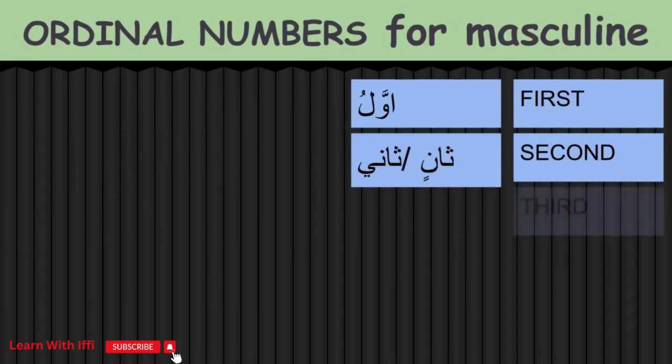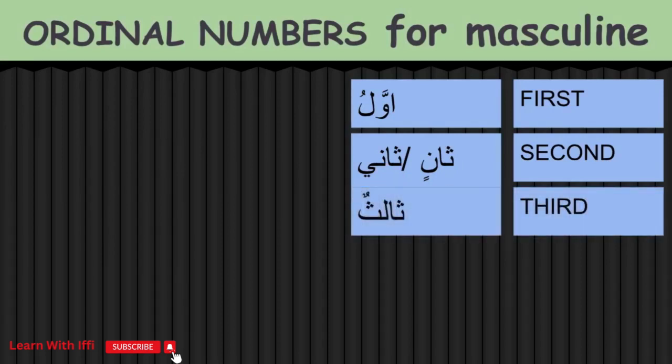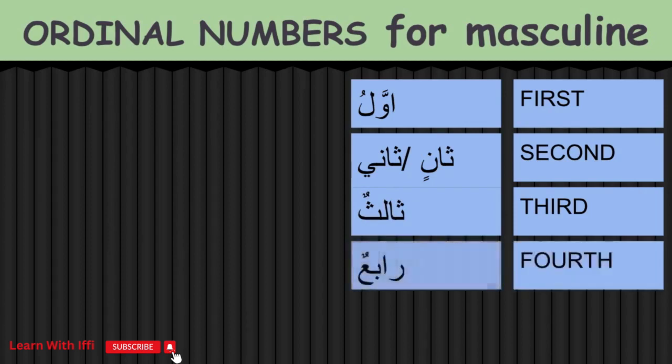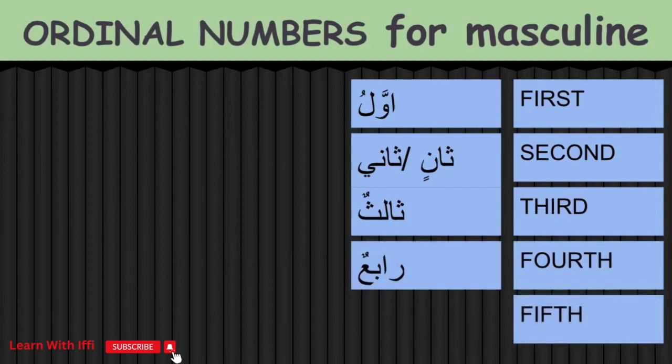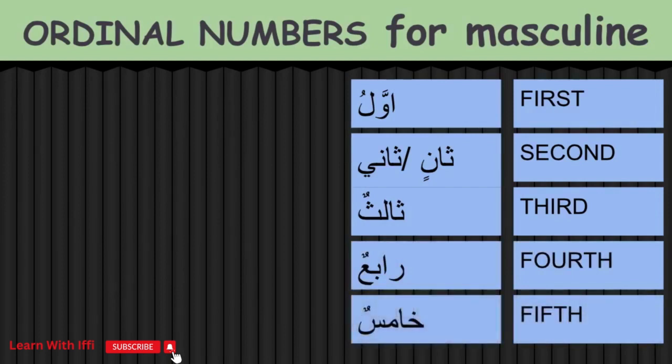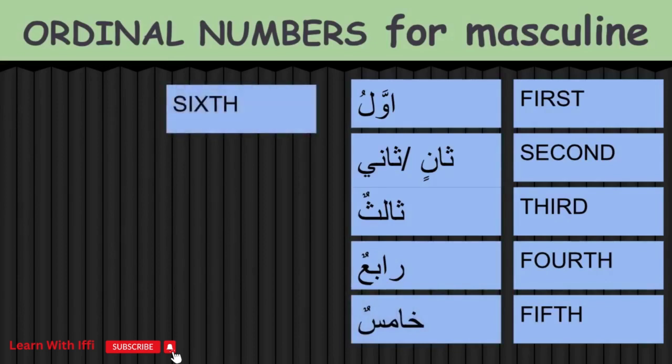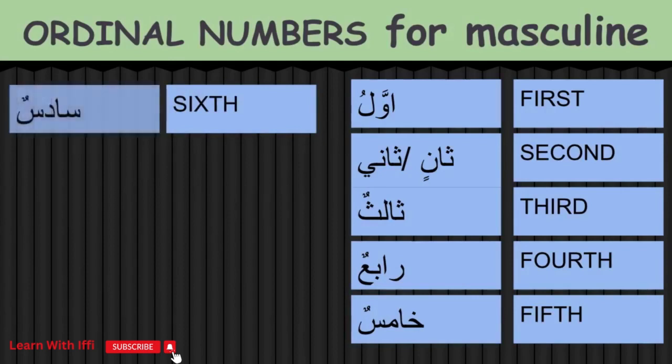Fa'ilun. Third is thalithun. Thalatha will be thalithun. Arba'a will be rabi'un. Fourth, rabi'un. Fifth, khamsa will be khamisun. Khamisun is fifth. And sixth, six is sitta, but sixth is sadisun.